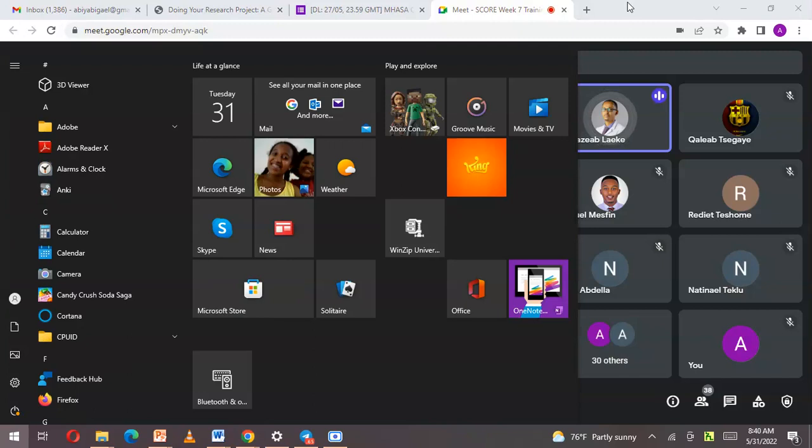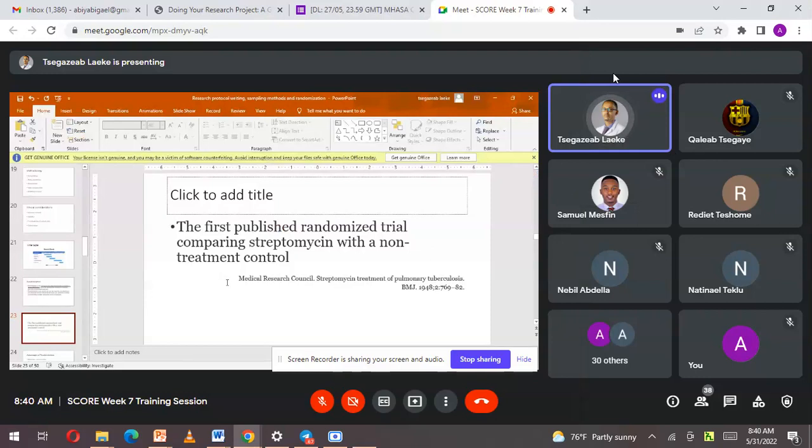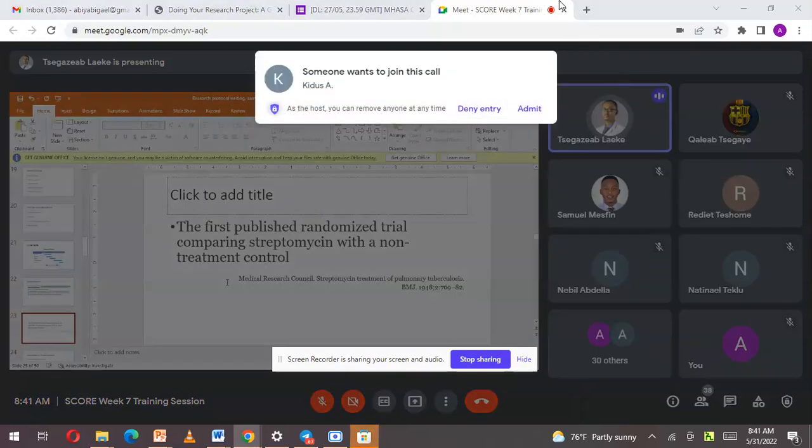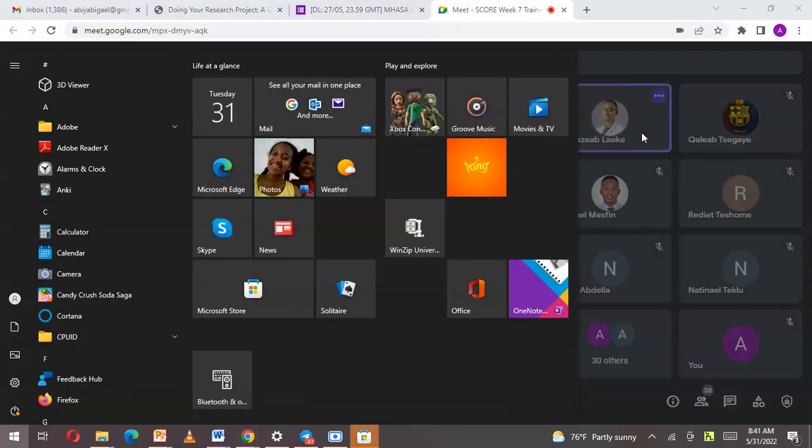The first published randomized trial was done comparing streptomycin with a non-treatment control. You are well aware of streptomycin. That's the first anti-tuberculosis drug.